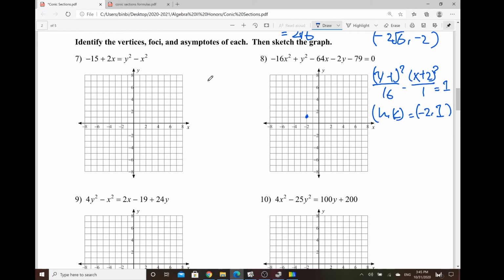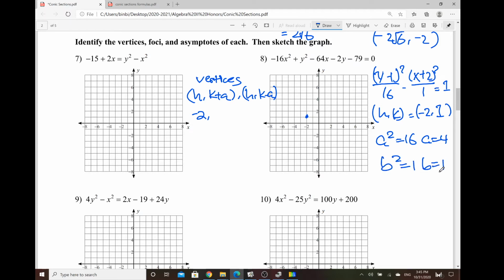The vertices. If that's a horizontal hyperbola, well, this one's a vertical hyperbola, so the way to identify the vertices is h comma k plus a, and also h comma k minus a. So we have negative 2. Well, a squared here is 16, so a is 4, and b squared is 1, so b is 1.